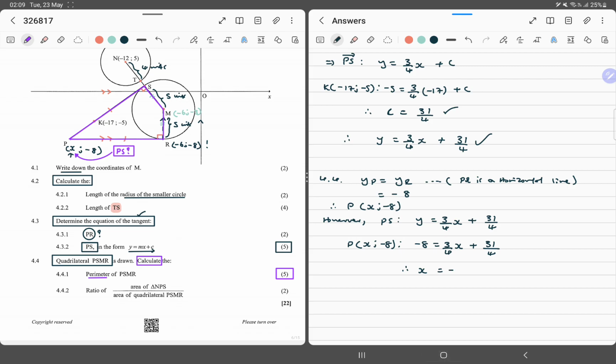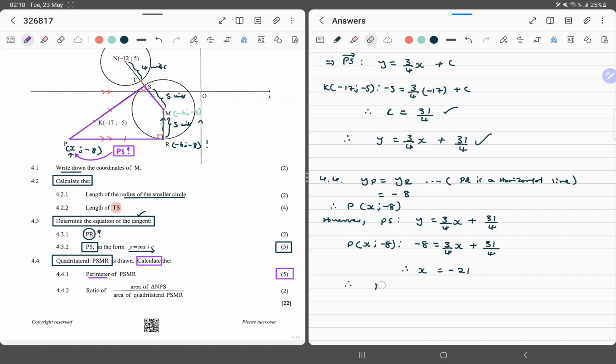It makes sense, since it was -17 already before that, so -21 is appropriate. So we can say therefore P is (-21, -8).